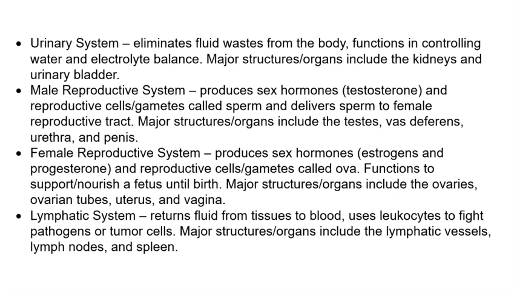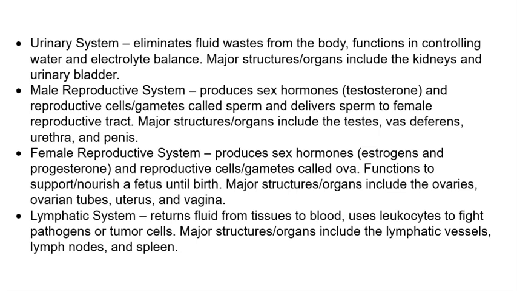Here I've subdivided the reproductive system into male and female, because although both are used for reproduction and producing offspring, they function in slightly different ways. We have the male reproductive system, which produces sex hormones. We'll see very similar function with the female reproductive system.